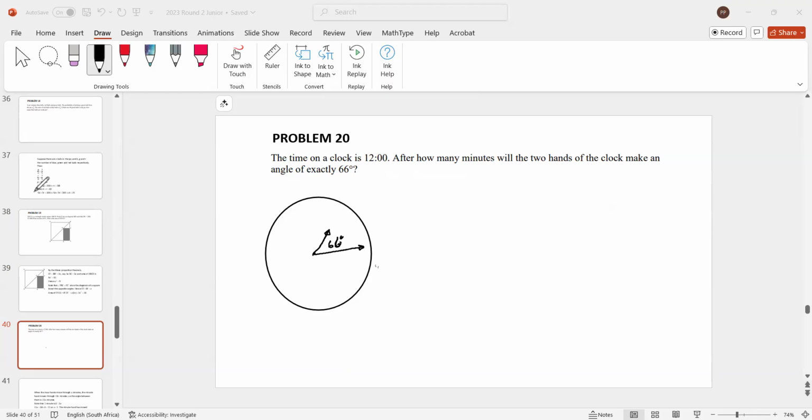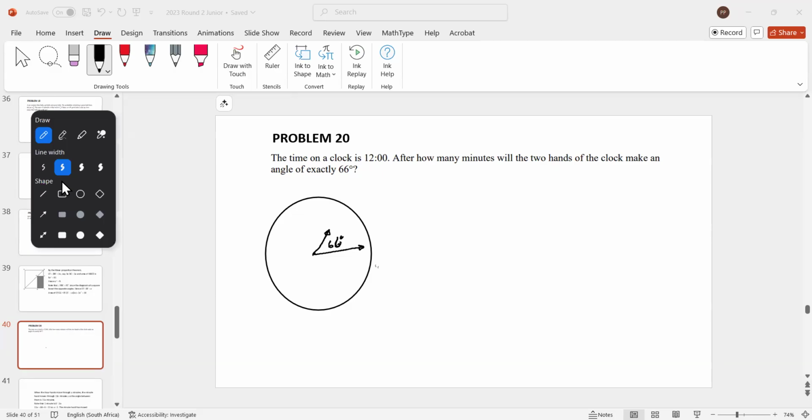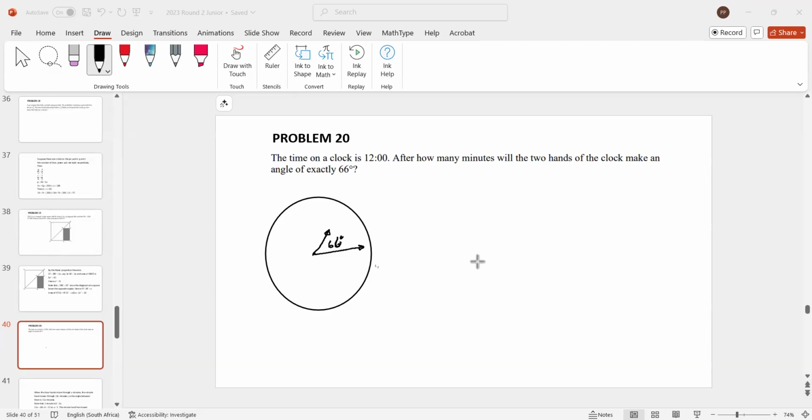So you're starting off from 12 and you're landing up at this. So let's just get this thing right. If we draw another circle about the same size as this, there we go.